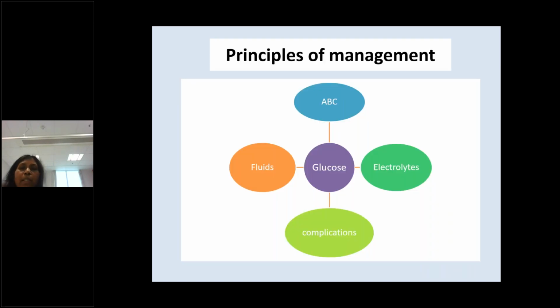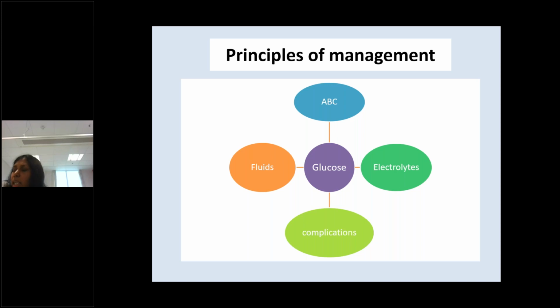So what are the main principles of management? As with any resuscitation scenario, in DKA we always have to tackle them with A, B, C. And again, monitoring the electrolytes closely, especially sodium and potassium, and fluids. Fluids first, followed by insulin after an hour, and then always have to think about complications.